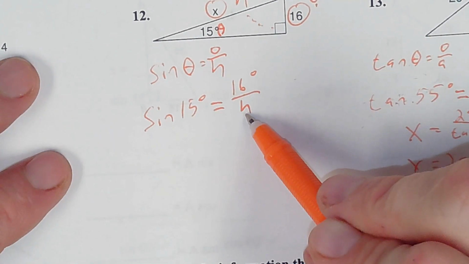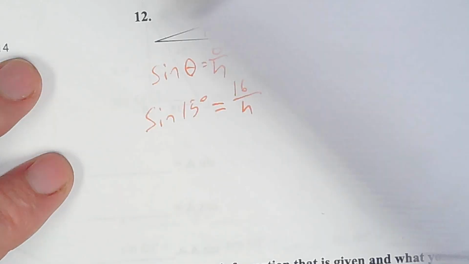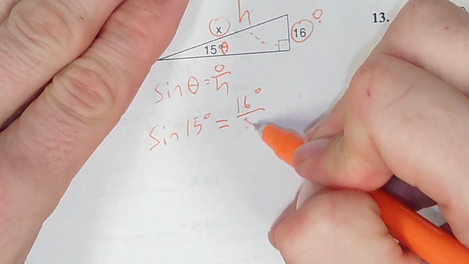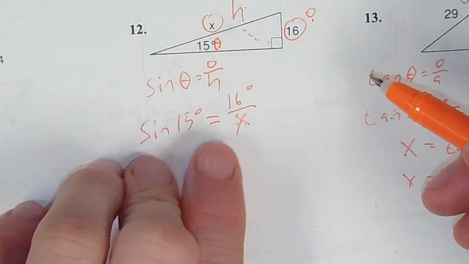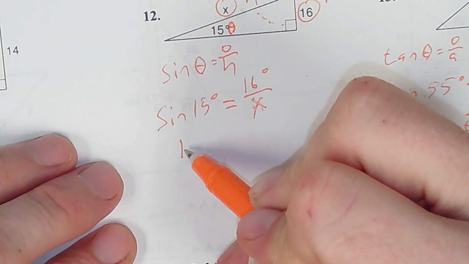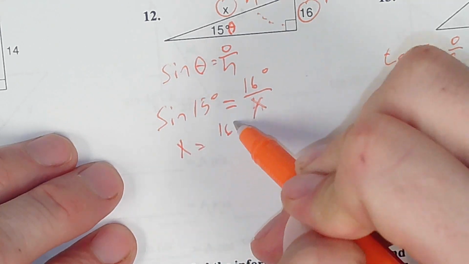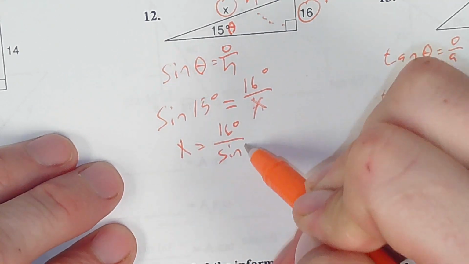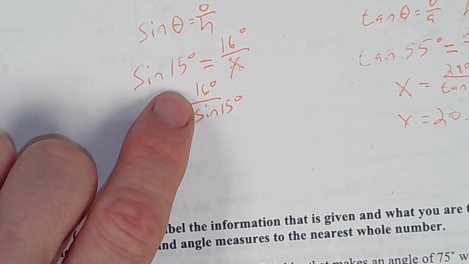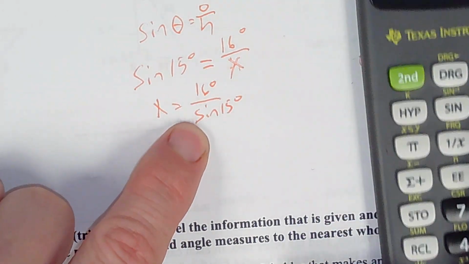H is on the bottom, which is my x value, so I have to swap the two. X equals 16 divided by the sine of 15. That makes sense because whenever I divide something by a number less than 1, it'll make it bigger.